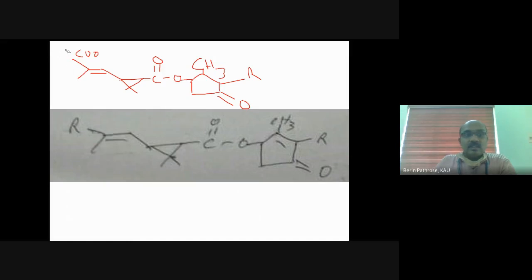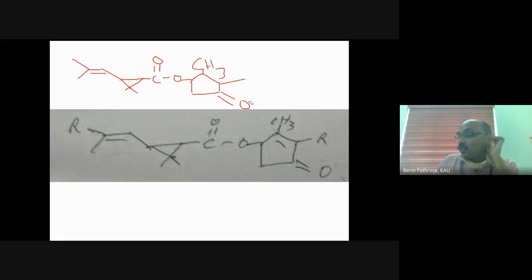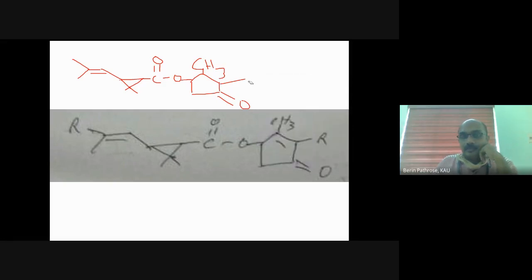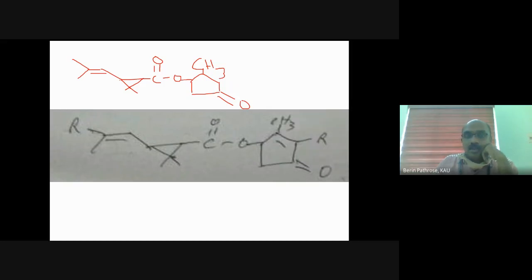And if it is like this, it will be esters of chrysanthemic acid. And I will try to draw the side chains over here. I told you the first one is the 4 carbon one. 1, 2, 3, 4.